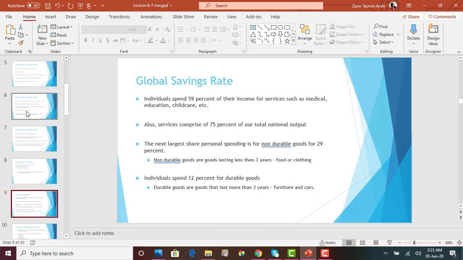An example would be a car, automobile, vehicle, or furniture, or television. We usually use a television more than 3 years. We use cars more than 3 years, right? So those are durable goods. So most of our income is spent on services, followed by non-durable goods, and the smallest portion of income that we spend is on durable goods.